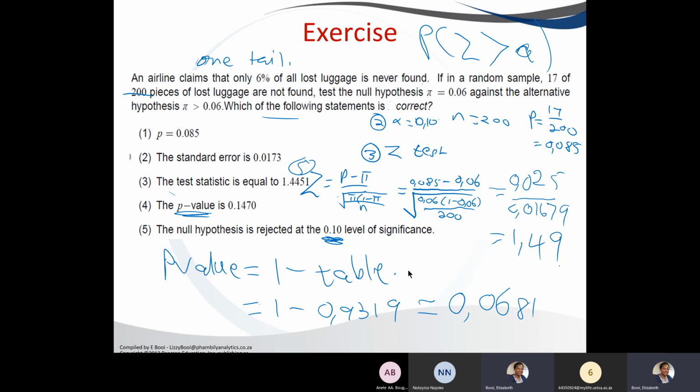I can just double check because now I'm doing things in a hurry. So let's double check the one underneath, the standard error, quickly. Our standard error was 1 minus 0.06 times 0.06 divided by 200, and take the square root of the answer.